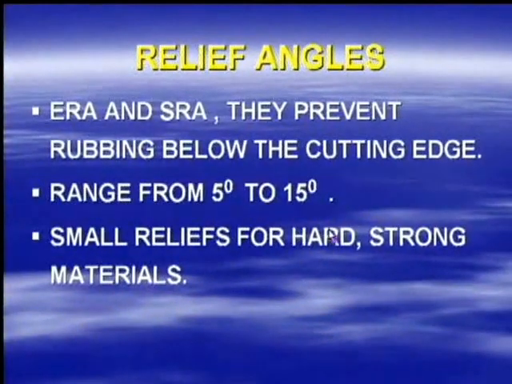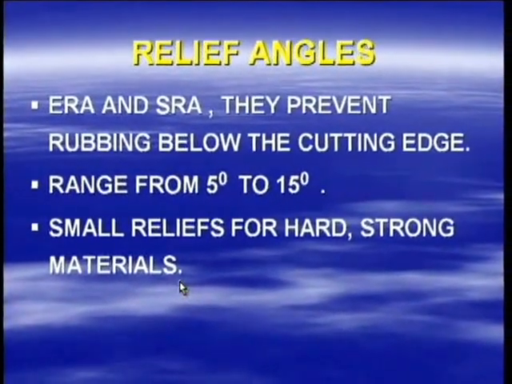Small relief for hard, strong materials. So when the material that is to be machined is hard, then we generally prefer only small relief, because small reliefs will give more material for the cutting edge. With more material at the cutting point, the strength of the tool is more and it can cut hard and strong materials.